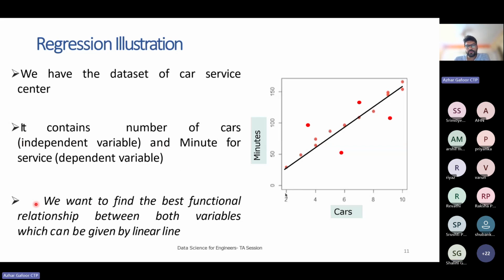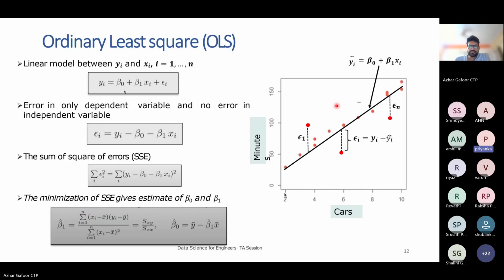What we want to do by this regression task is find the best functional relationship between both variables. So the first thing is we have to model. Here we are using ordinary least squares, so we'll find a linear model between y1 and x1. Here we have only one variable, so xi will be x1. Then we have some error.